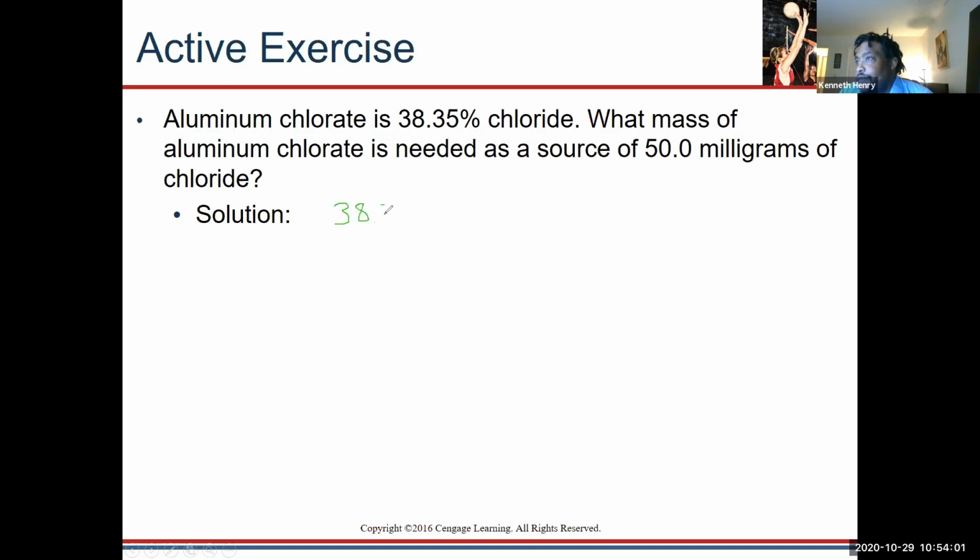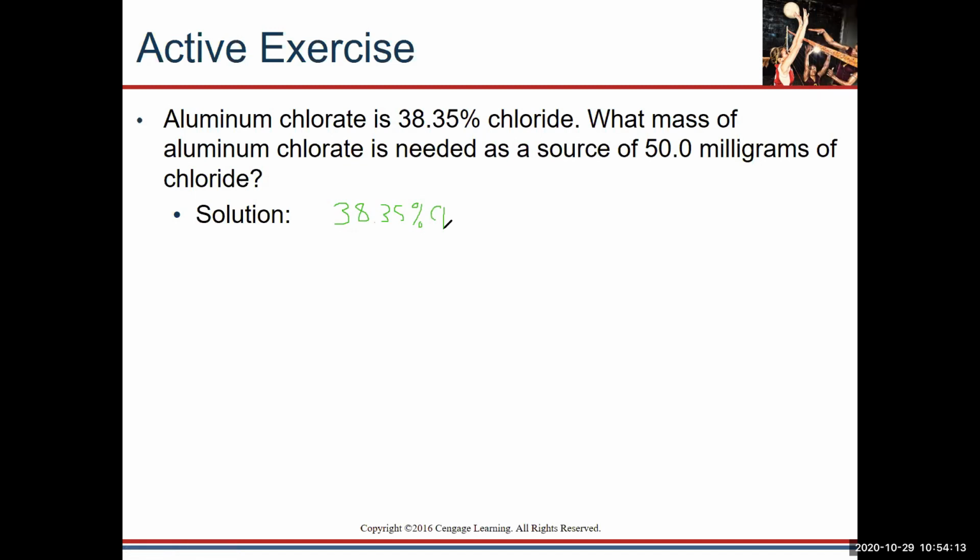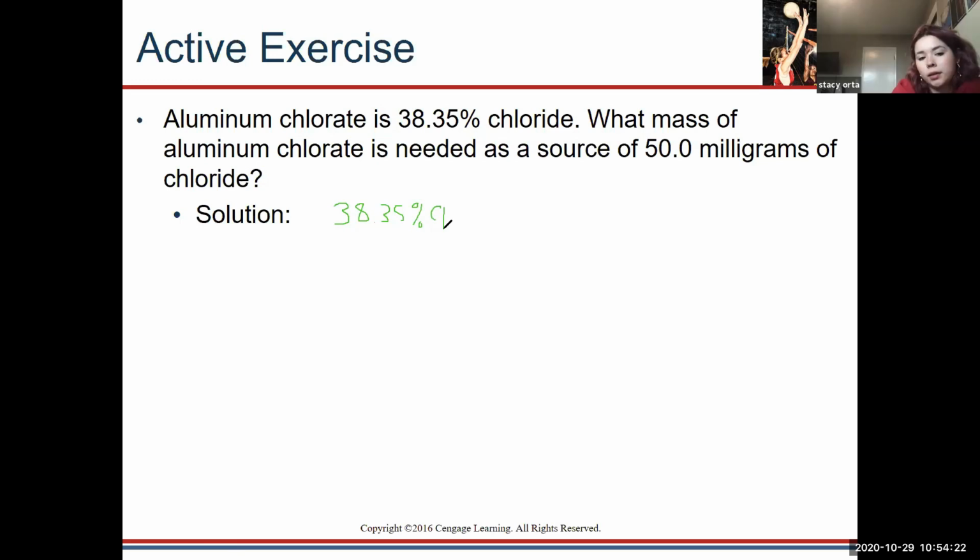And that's percent chloride. So what does that mean? That there's 38.35% chloride in aluminum chlorate.